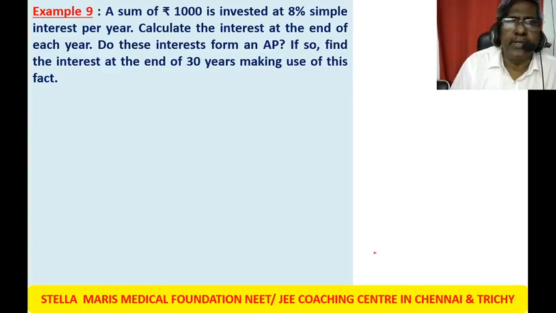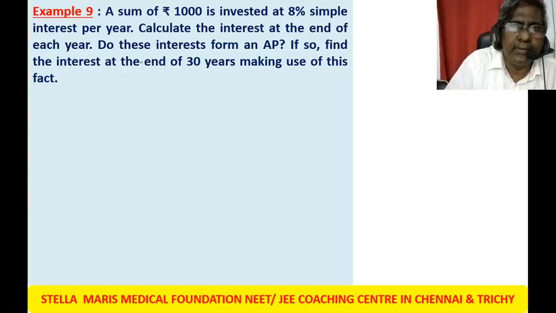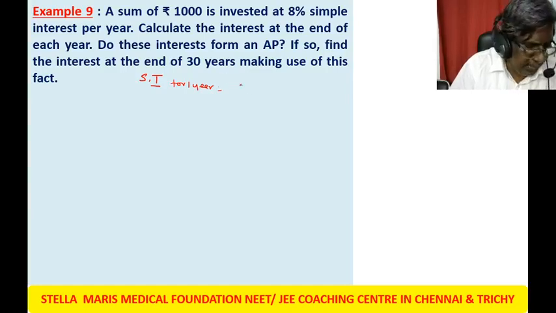See, a sum at 8% simple interest per year. They want to calculate it for 30 years, but they want to know whether these interests form an AP. Okay. See, I'm writing here the formula for simple interest. Simple interest for 1 year is equal to P into R into T by 100.